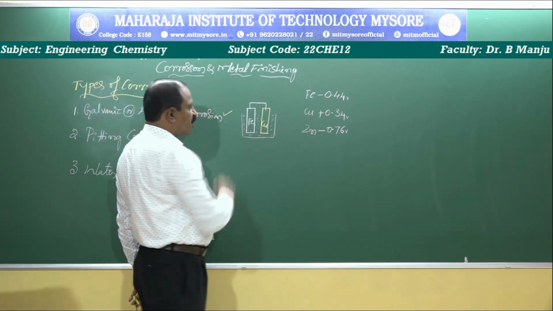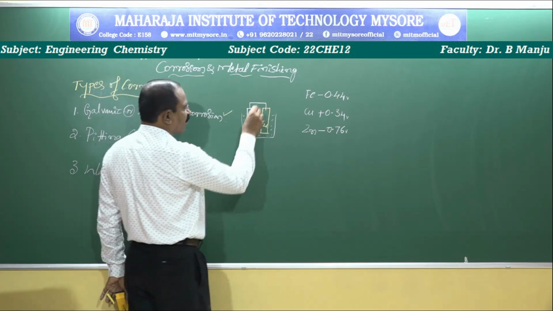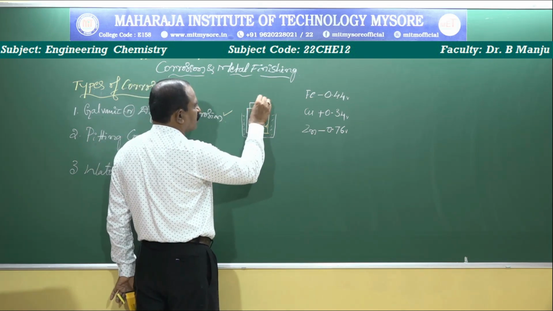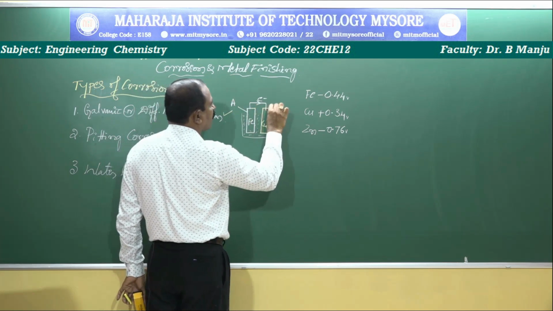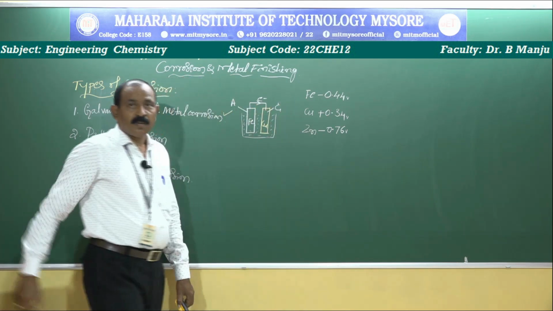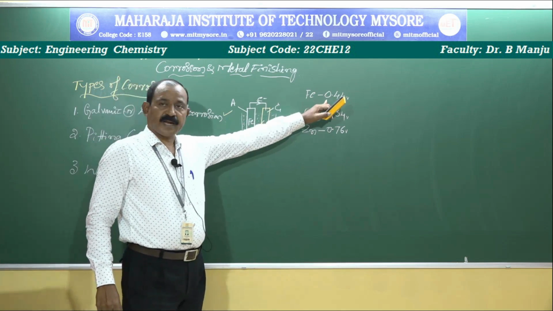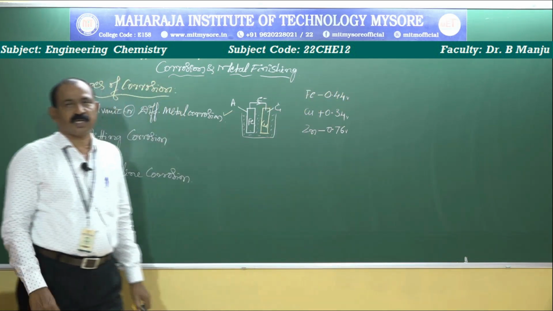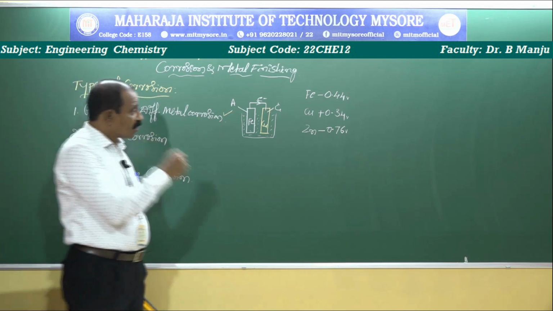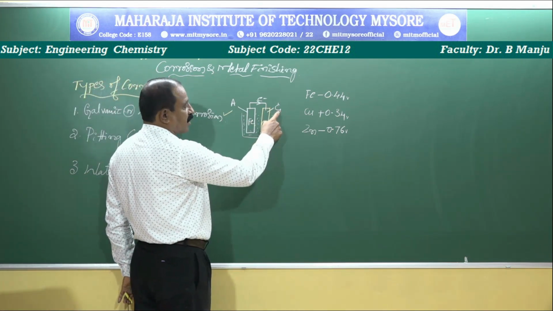If these two are connected, electrons transfer from iron to copper. Iron acts as the anode and copper acts as the cathode, because iron has the high negative potential, is more reactive and active, and undergoes oxidation.